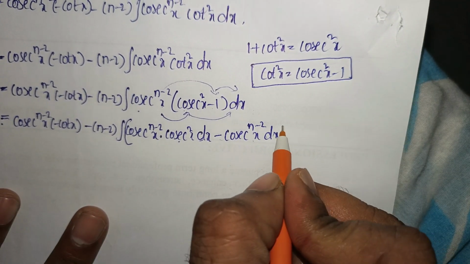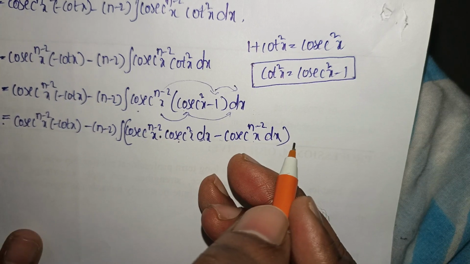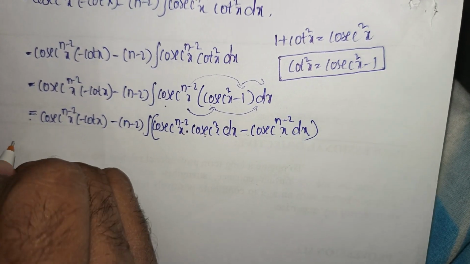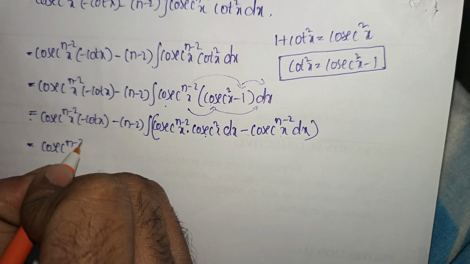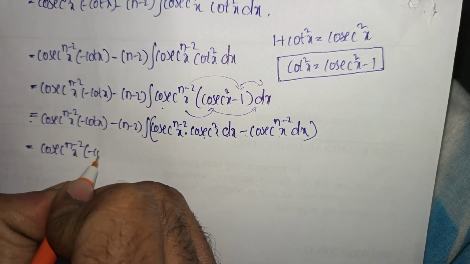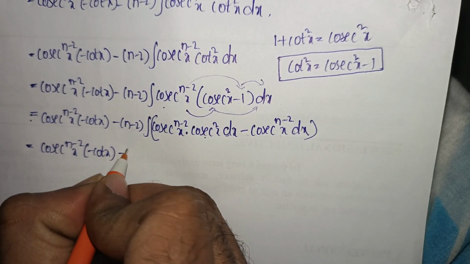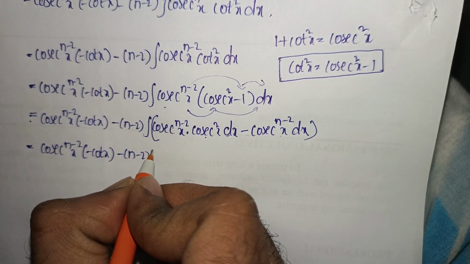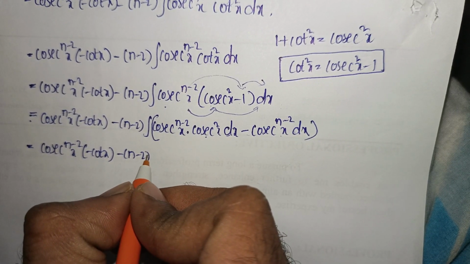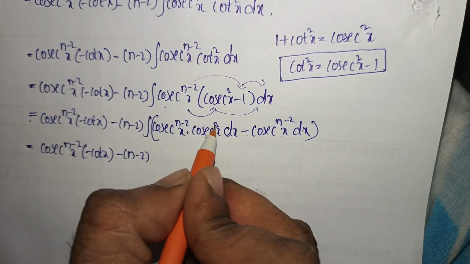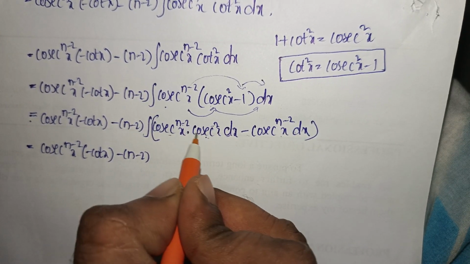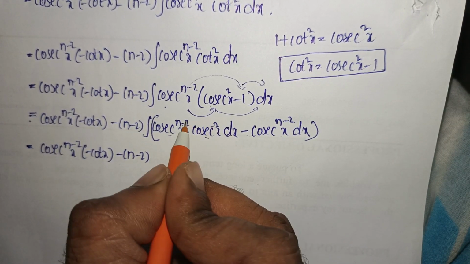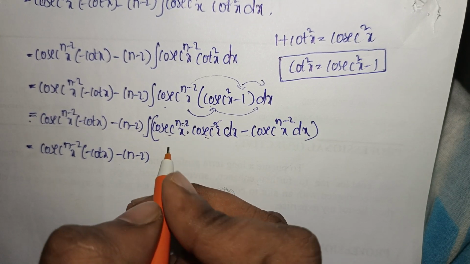Next, we are separating the integrations. Now cosecant n minus 2 x minus cot x minus of n minus 2, separating the integrations. Here you can see this is minus 2, this is plus 2, the base is the same, so the plus 2 and minus 2 get cancelled.